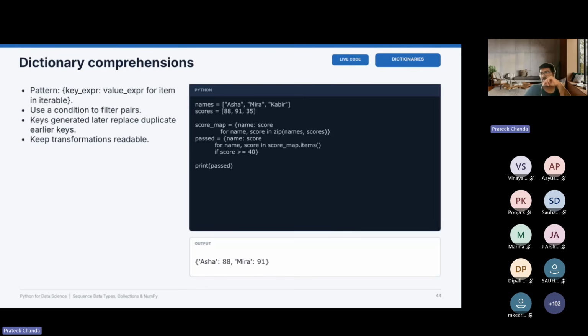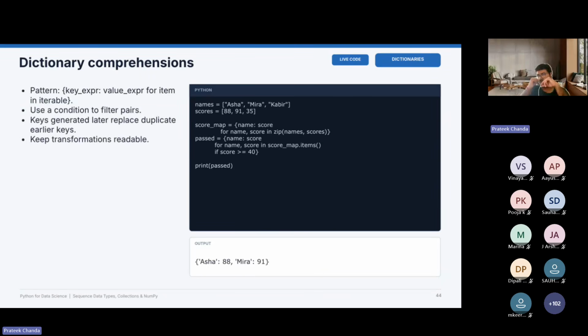Here also it is possible. On the right, I'm showing you a few examples. Let's say scores and names are the initial lists, and I want to have a score-name kind of mapping. So you want to create a mapping dictionary out of it. What you can do is for name and score in zip(names, scores).